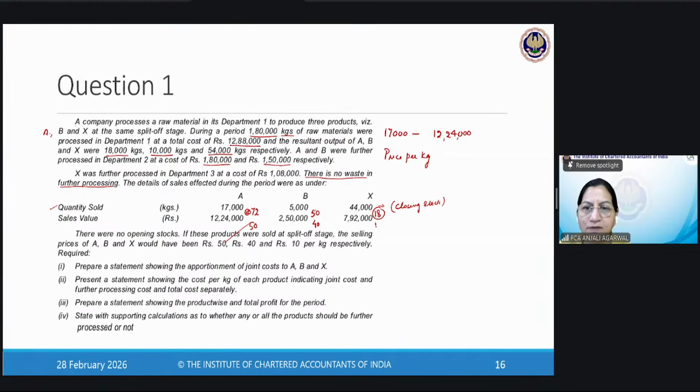And 10, so we are able to sell at 8 rupee per unit or per kg more. So 50, 40, 10 would have been the sales value at split off point. So that means A, B, and X also have ready market. It is your wish whether you want to process it further and then sell, or you want to sell it as it is.